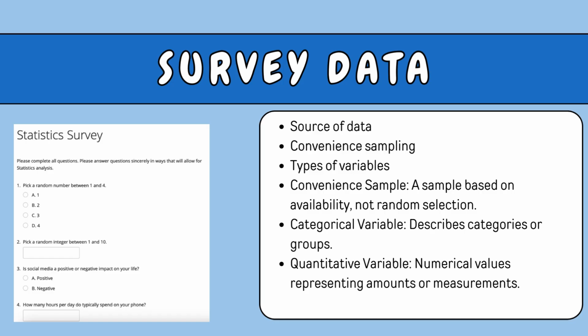It doesn't have any real value in terms of numbers, which leads me to the other definition of quantitative data. This is where it has numerical values that represent actual amounts or measurements.